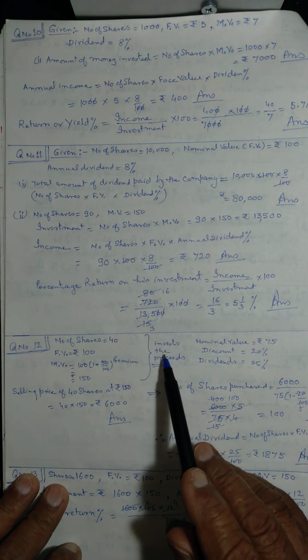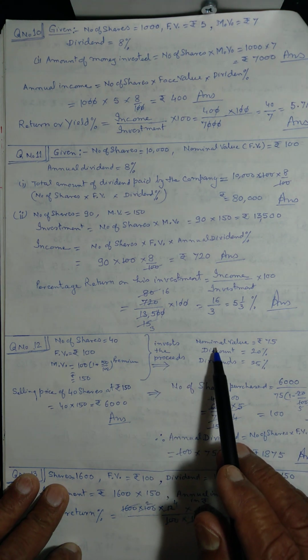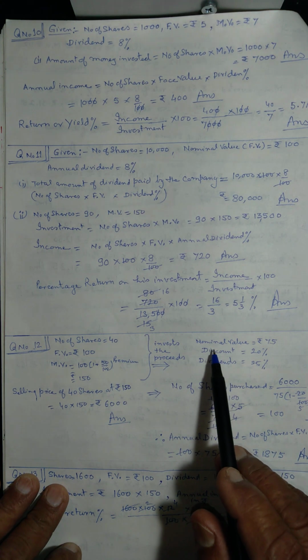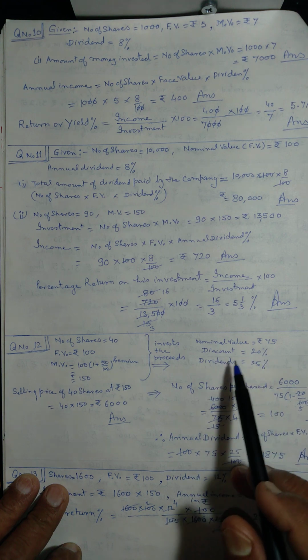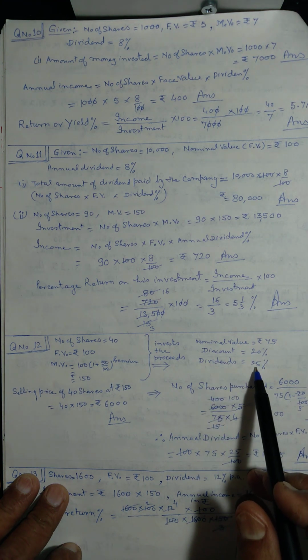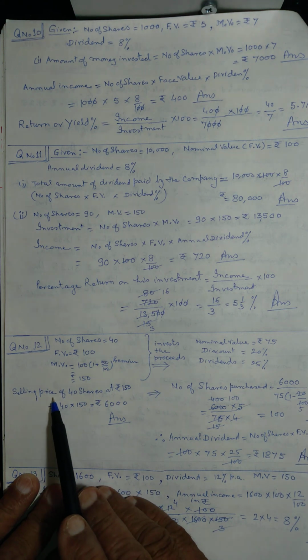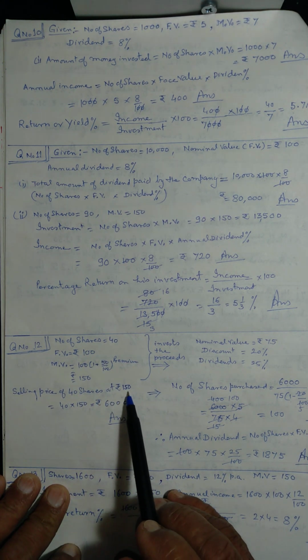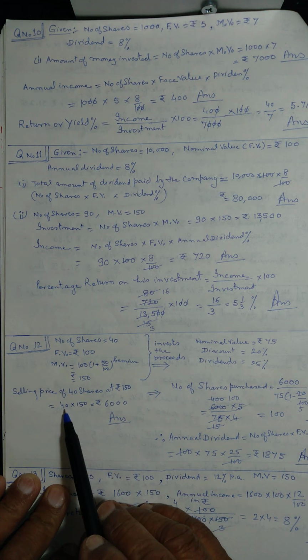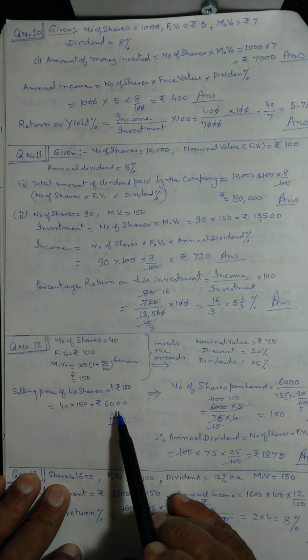So invest the proceeds, that is in the second case, nominal value is 75, discount is 20%, dividend is 25%. So on selling the 40 shares at rupees 150, he will get 40 into 150, that will be 6,000.